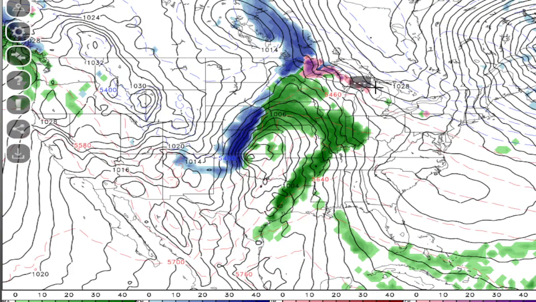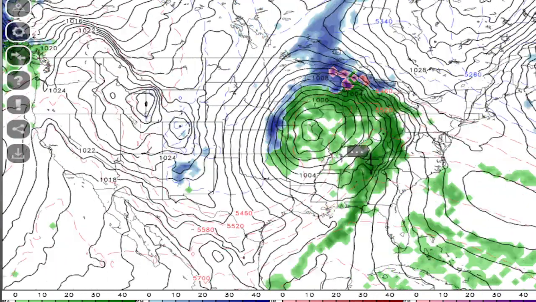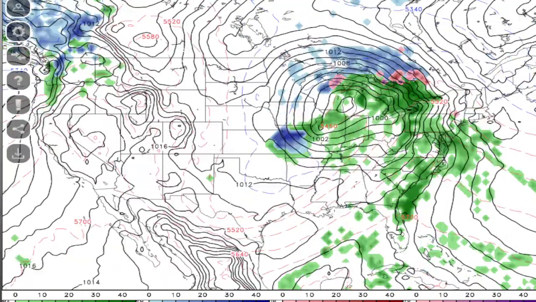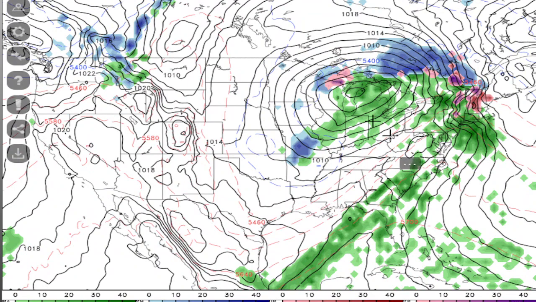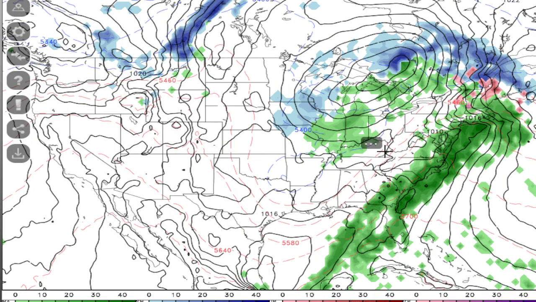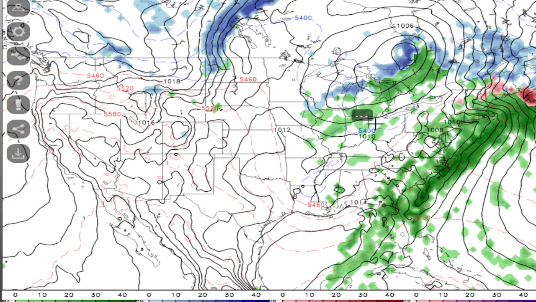So as we push through, now we're into Tuesday morning. Now we're pushing into Wednesday morning. Then Thursday morning. So you can see it takes a few days to get over to the Great Lakes region. So the next 24 hours is what to watch for eastern Texas.